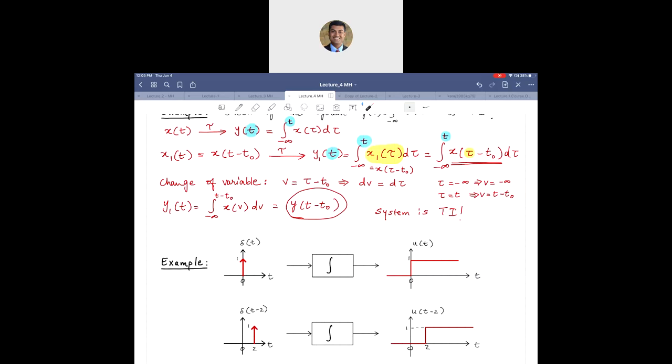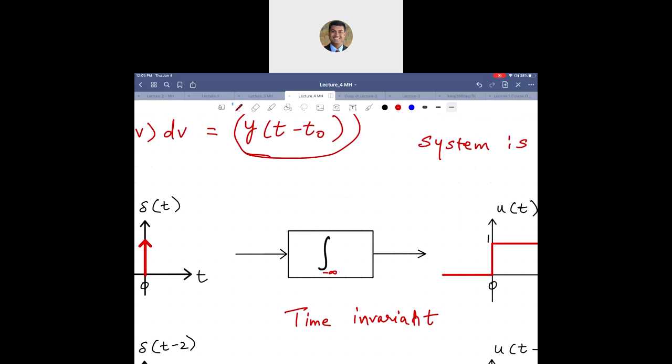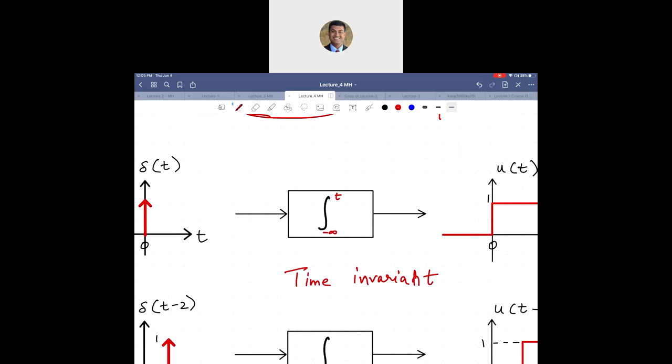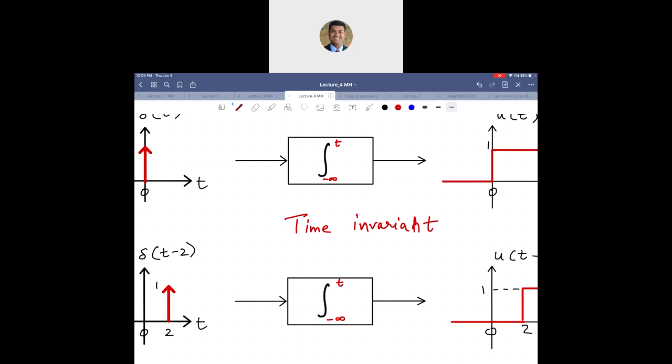Now, if you combine those two statements, you can say that the integration is time invariant. By the way, the limits over here are minus infinity to t as well as here, right? t is your arbitrary stopping time.